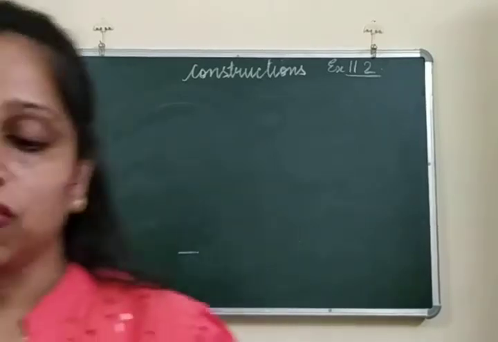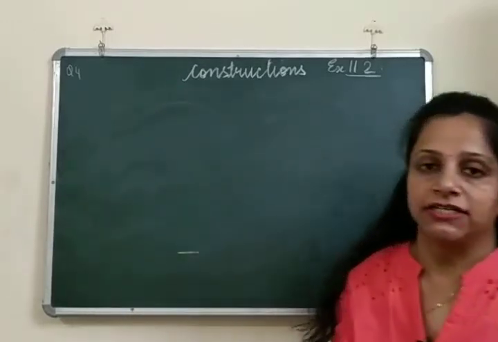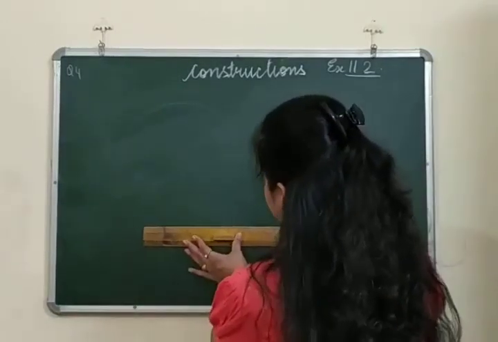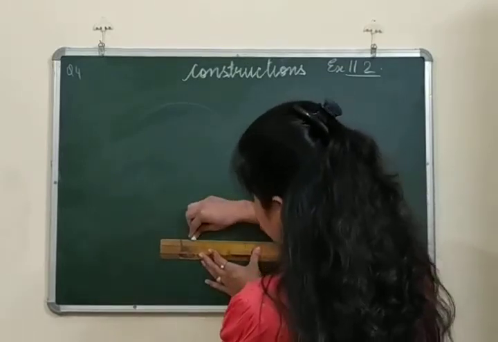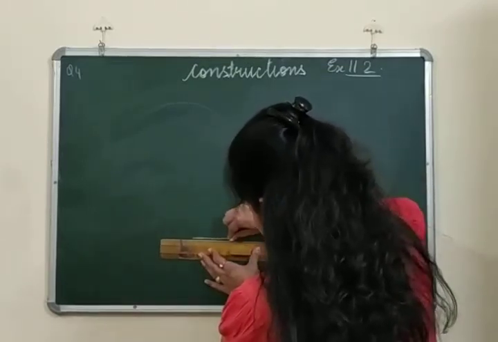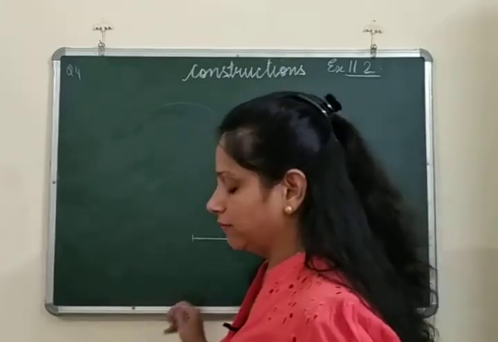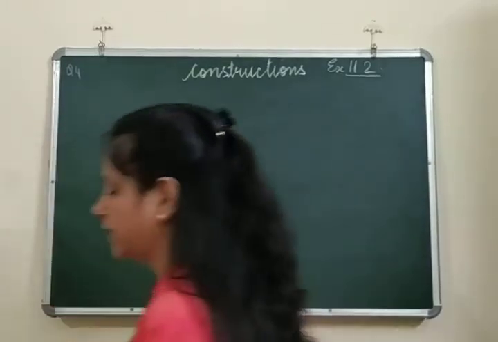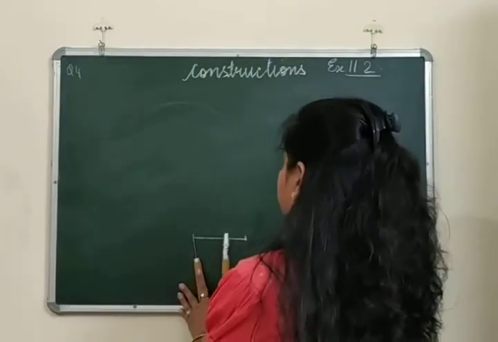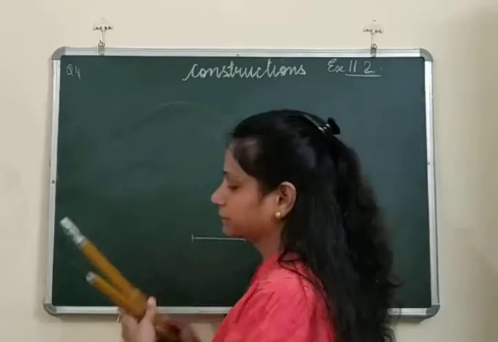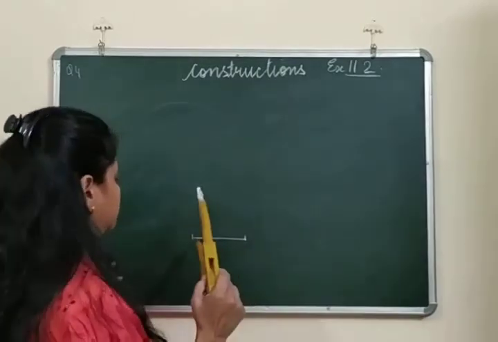Okay. So it is given that we have to draw a circle with radius 5. So we take 5 centimeters first of all. Then we have to draw the circle with this radius 5.